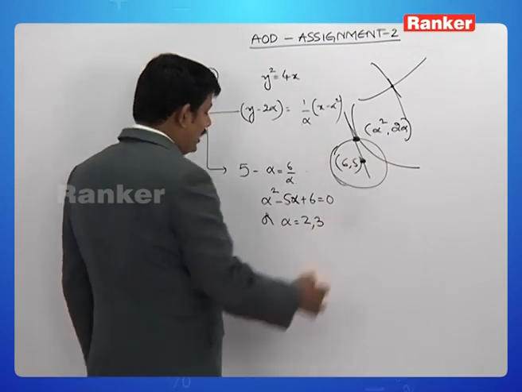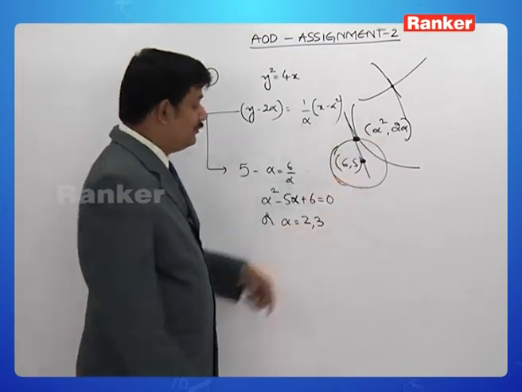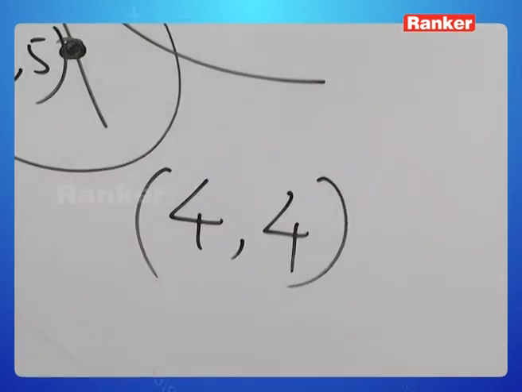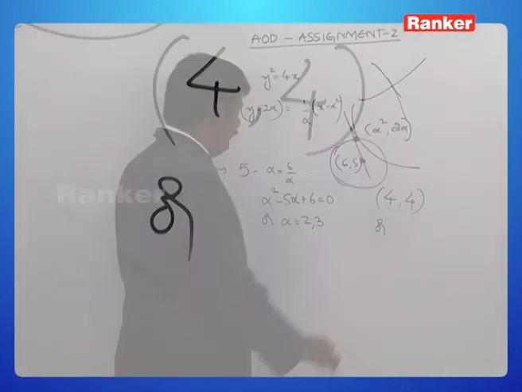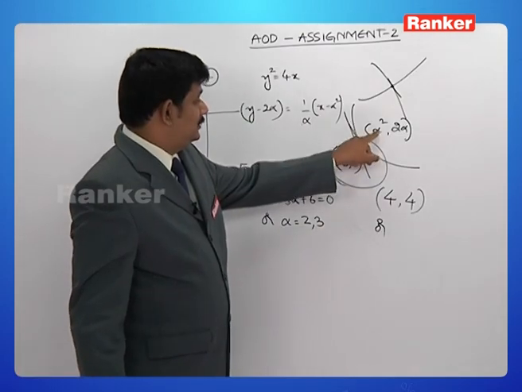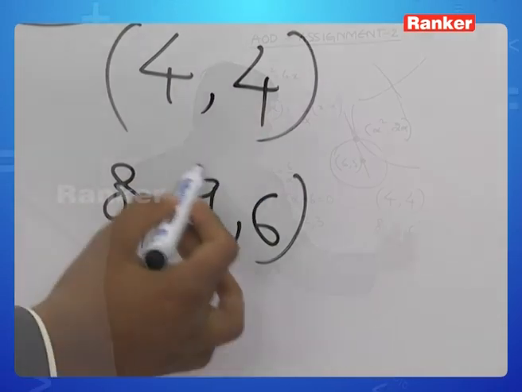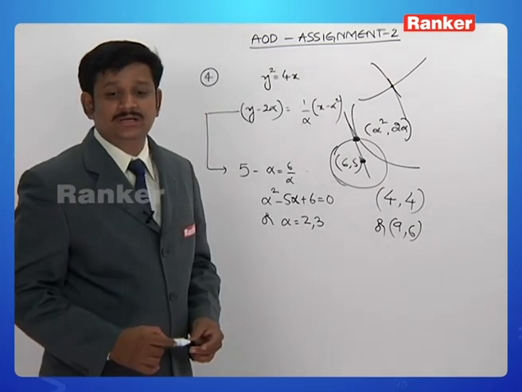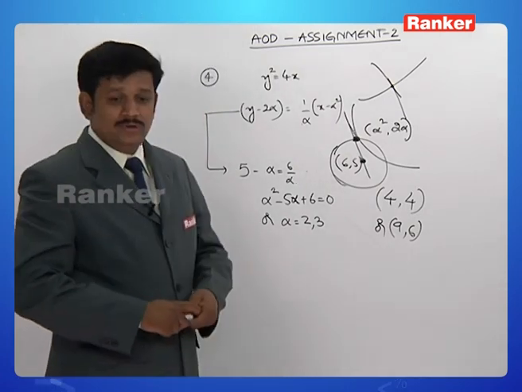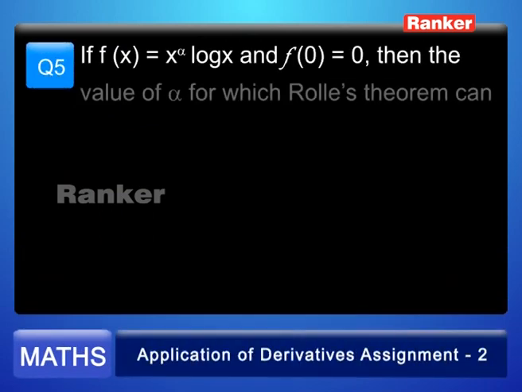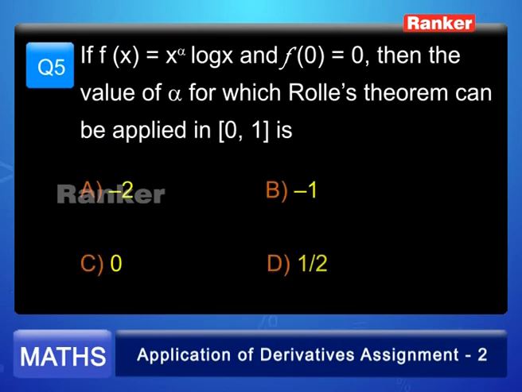When alpha is equal to 2, alpha square is 4 and 2 alpha is also 4, so 4 comma 4. When alpha is 3, 3 square is 9 and 2 into 3 is 6, so 9 comma 6. So the possible points of intersection are 4 comma 4 or 9 comma 6. We can only see 4 comma 4 there. It's option A.